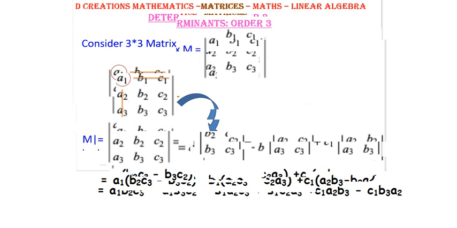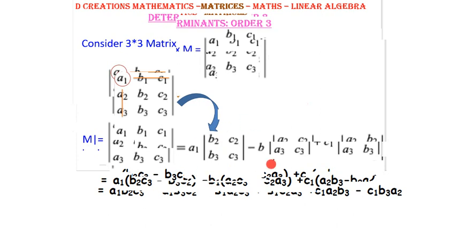So you've taken A1, written it here, and ignored B1, C1 as well as A2, A3 because they belong to the same row and column as A1. Now what are you left with? You are left with B2, C2, B3, C3. So simply take the determinant of that, and now you are well versed with how to take the determinant of a 2 by 2 matrix. It's just diagonal wise, B2, C3 minus C2, B3, that's all. So this is the logic for the first term.